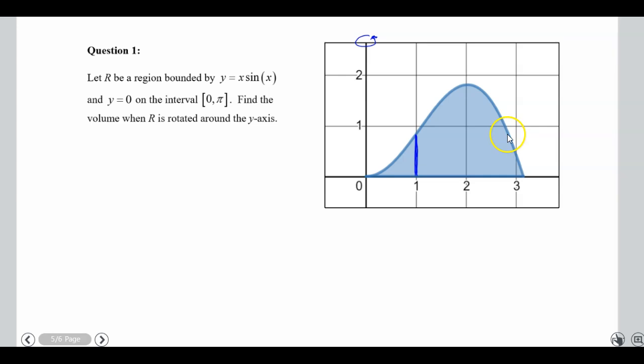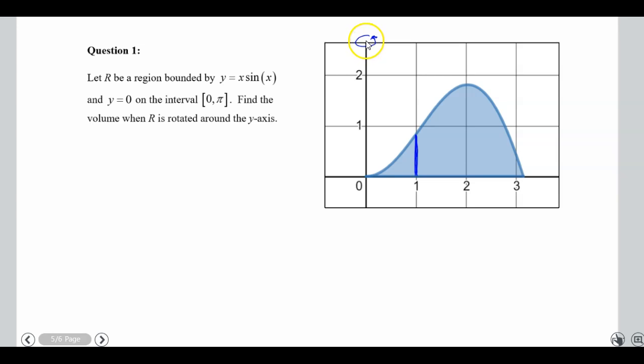If I were to go horizontal, I would need to rearrange and get an x equals equation, which for this particular one is not really going to be doable. Anything I might try to do to this x is not going to affect this sine, and anything I try to do to get this x out of the sine is just going to put this other x in something else. So this is going to be a horrible equation to try to rearrange in terms of x. So I definitely want to use vertical rectangles on this.